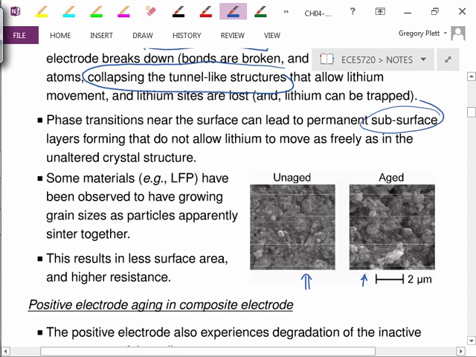They've kind of grown together. And this doesn't change the capacity necessarily, but it does change the surface area. Because bigger particles have lower overall surface area for the electrode, and that means that the resistance of the cell is going to go up.